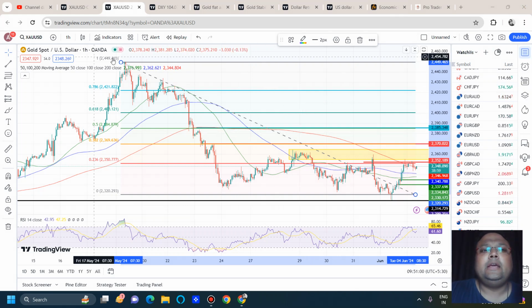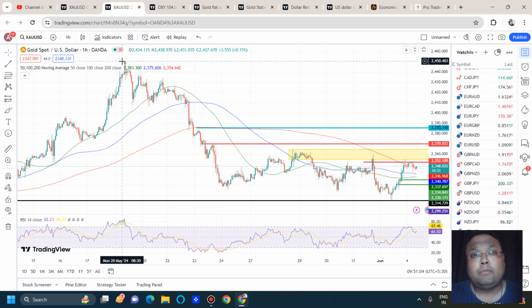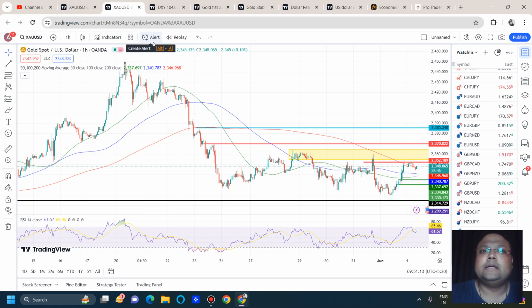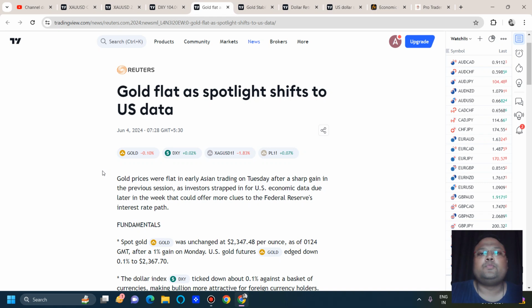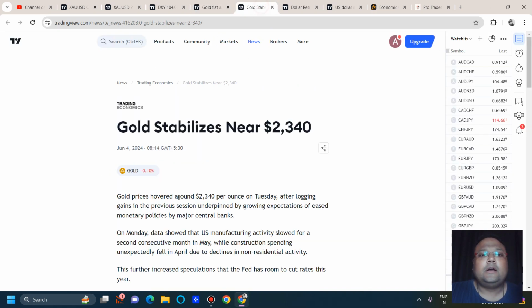So during the day, if the market goes up also, definitely we can expect some sort of price rejection from above around this area. You can simply switch to a lower time frame like 15 minutes. Once you see price rejection from above, you'll get the confirmation that sellers are present. Hit the sell button. And if you look at the market sentiment, gold is flat as the spotlight shifts to US data. Gold stabilizes near 2340.